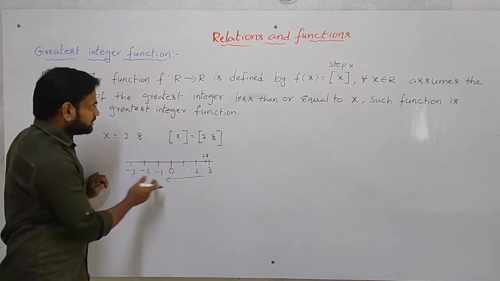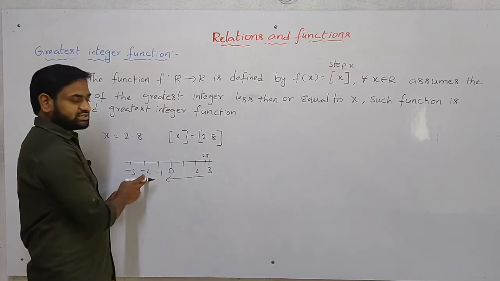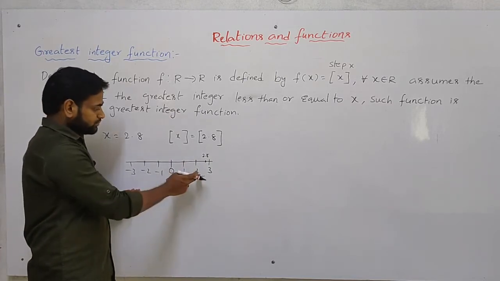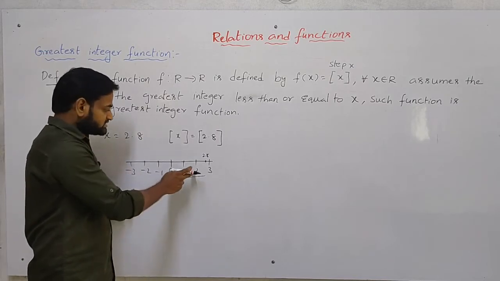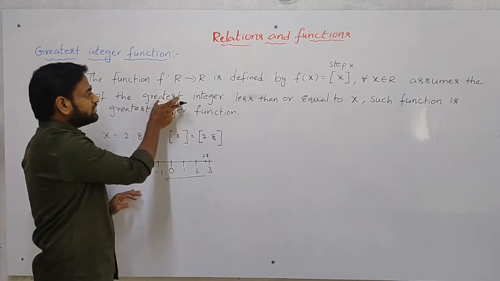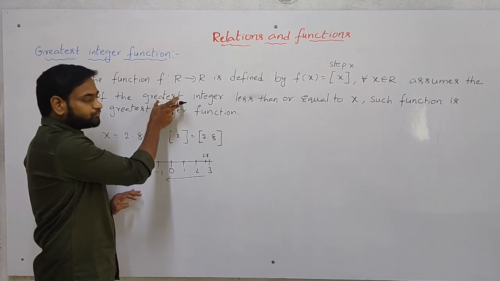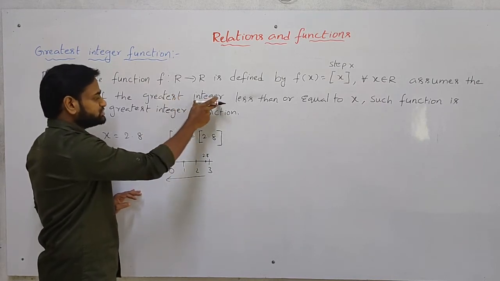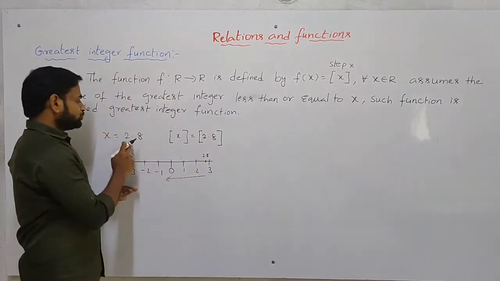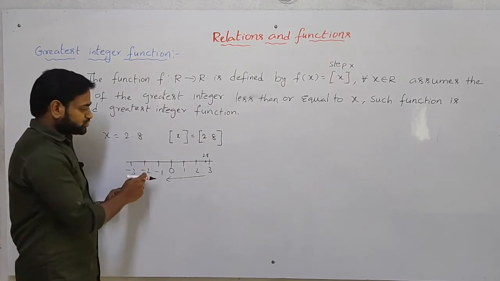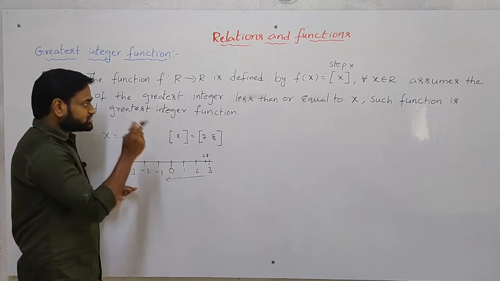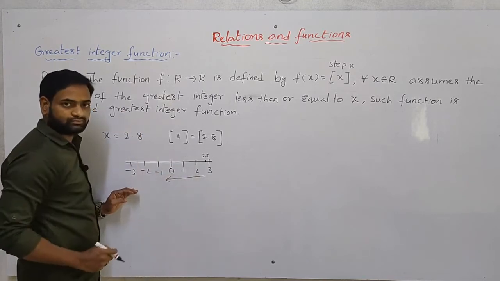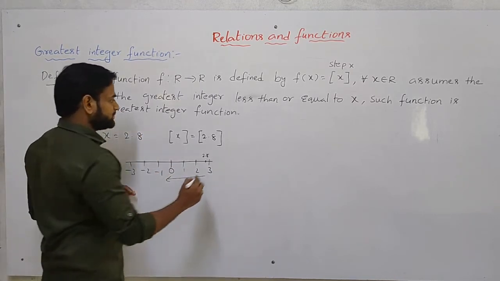All of these are integers. In these integers, the greatest integer less than 2.8, the greatest value, is 2. So step x value is 2.